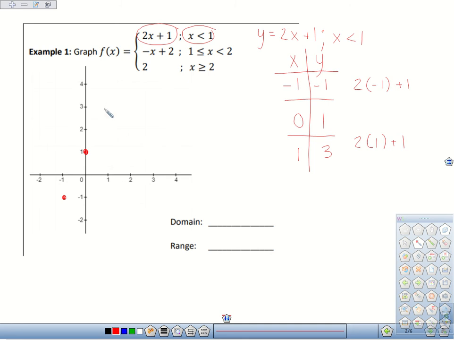So it's going to be 1, 3, but it's going to be an open circle. So it's only open where the restriction occurs if the restriction doesn't have an equal sign. Does that make sense? I'm not sure how best to word that. Okay. And we know that x is less than 1, which means that my arrowhead is going to go this way.